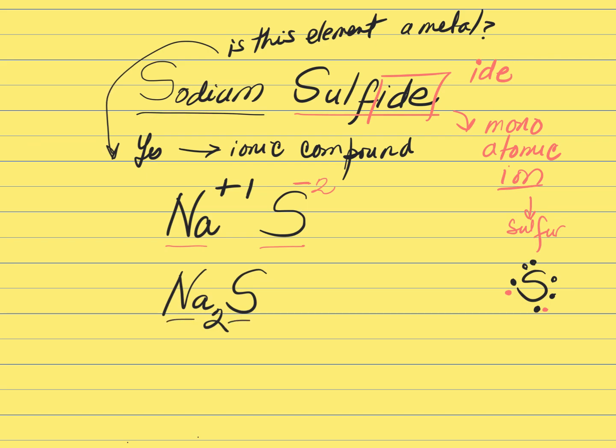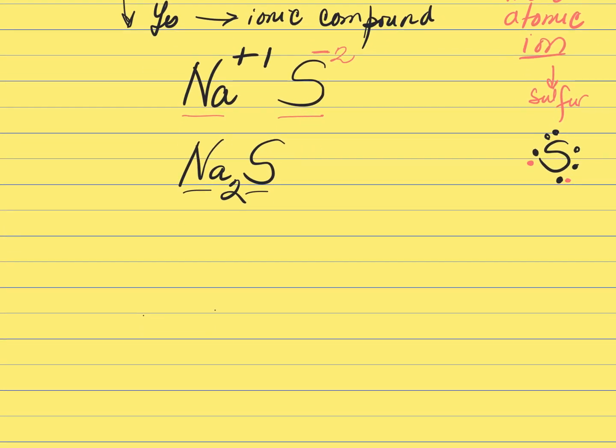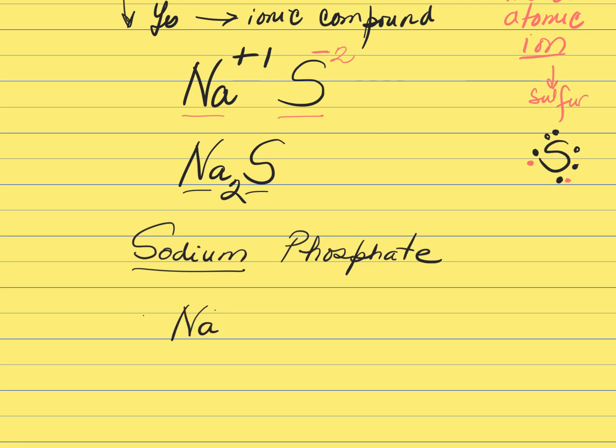Chemical formula. Now, let's say that you have sodium phosphate. You're going to do the same. I have a metal, my symbol, my oxidation number. But then I'm going to look at the second word. If the ending is -ate or -ite, oh, polyatomic ion.